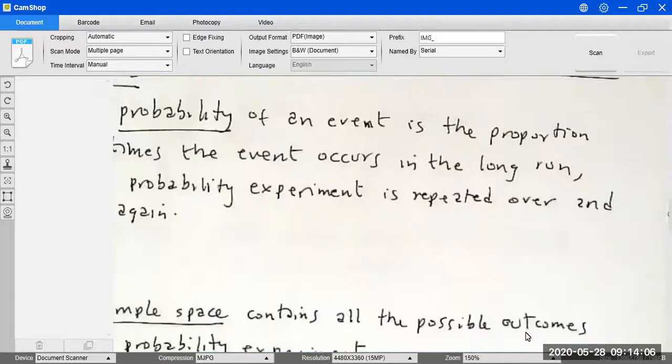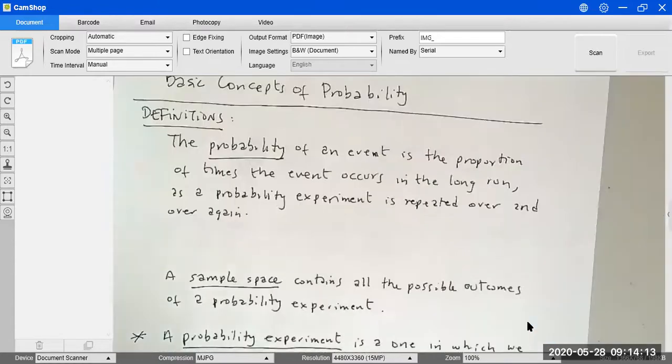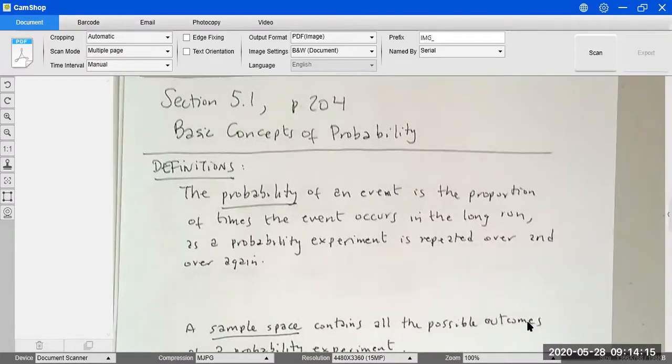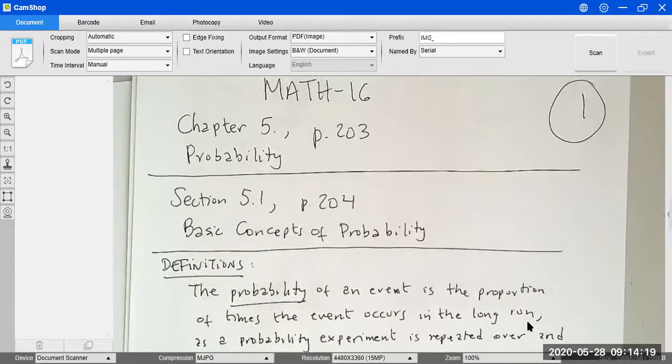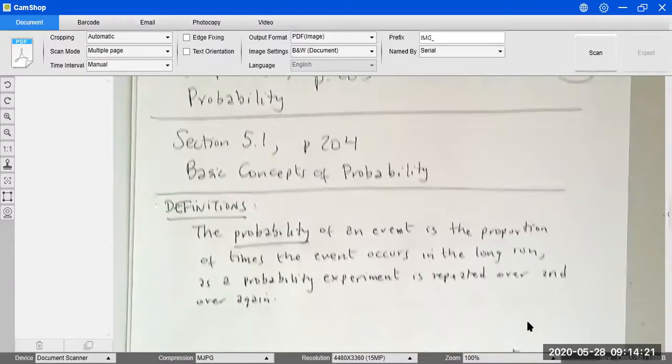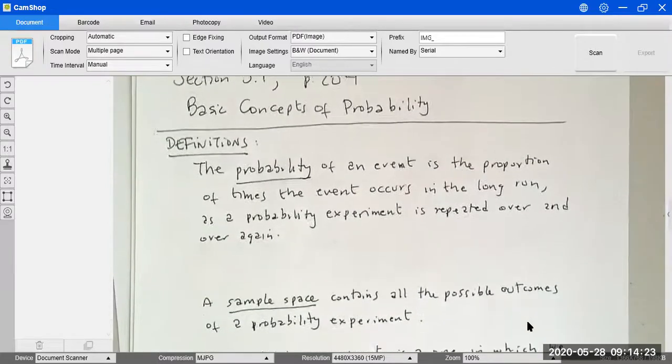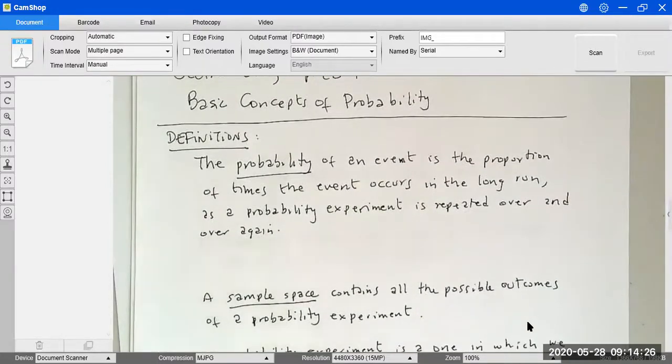So I just copied those definitions for our notes. We have here chapter 5, starting on page 203, then section 5.1, and then the definitions that I just read, which we're now going to try to understand better by solving some examples.